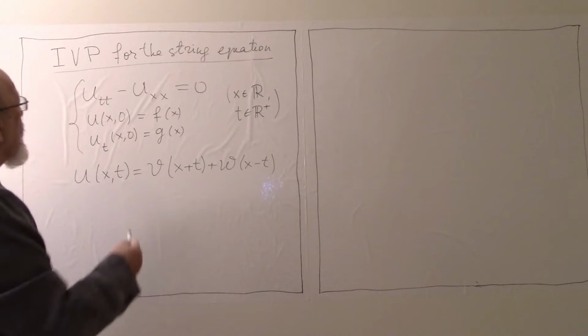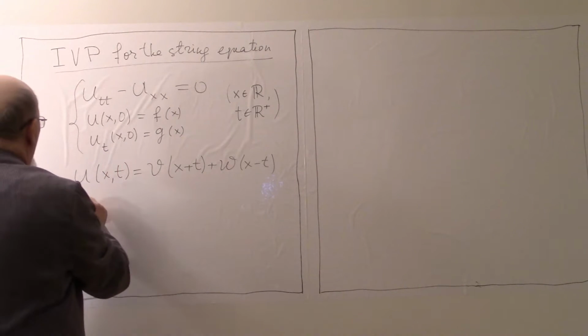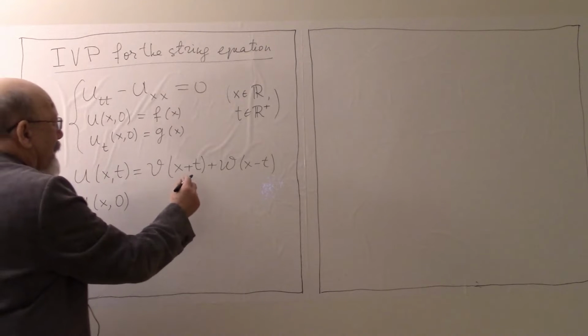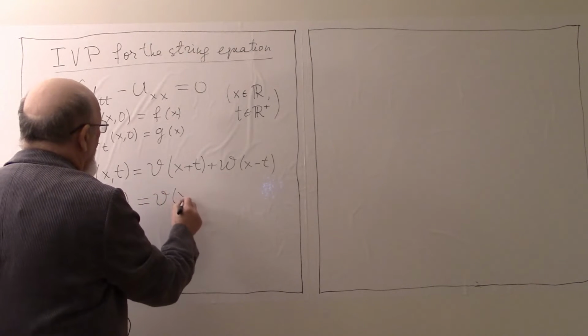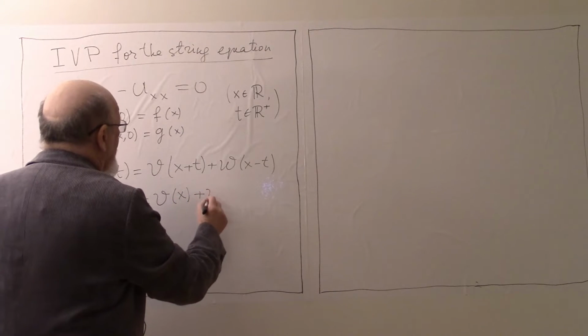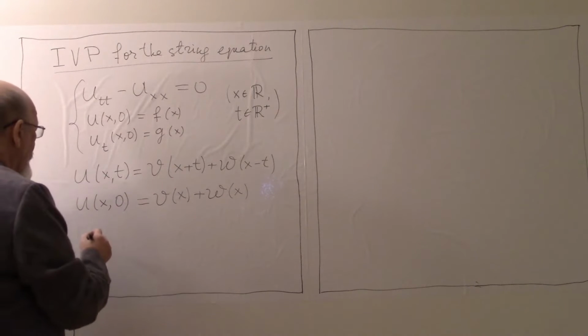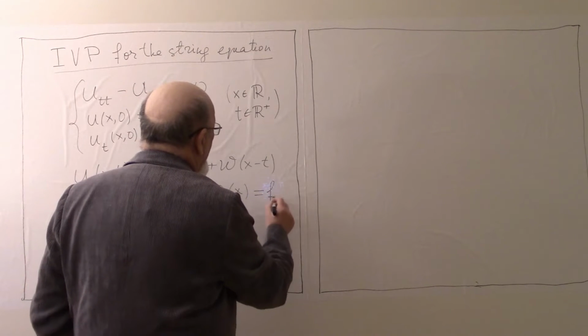To this end, we substitute it into the initial condition. u of x,0, if you take t equals 0, equals v of x plus w of x. And this should be equal to f of x.